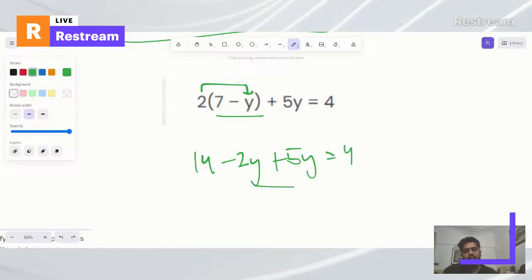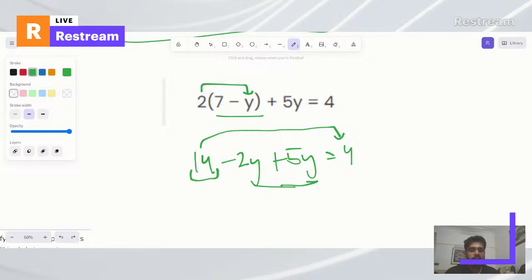Now we're going to add these two like terms together, and then we're going to move this term over here. Why? Because we need to make y the subject. So in order to make y the subject, we have to separate it. So by separating it, we have to move 14 onto the other side.